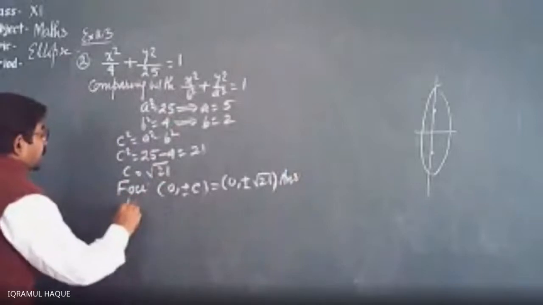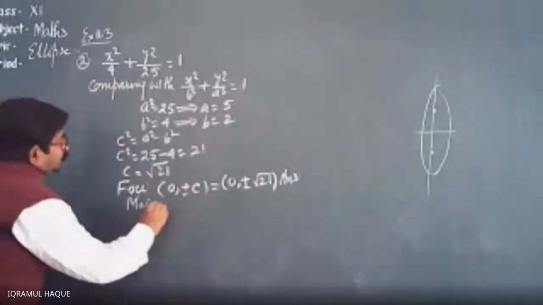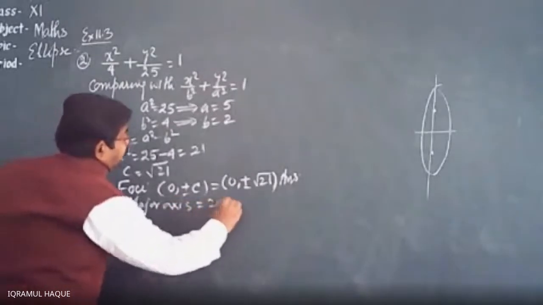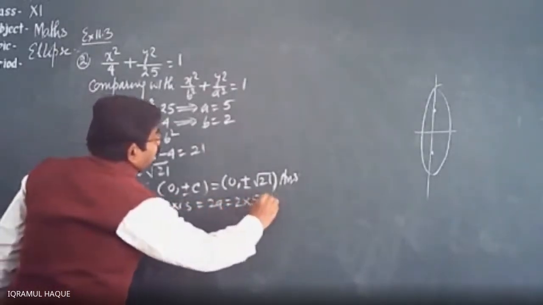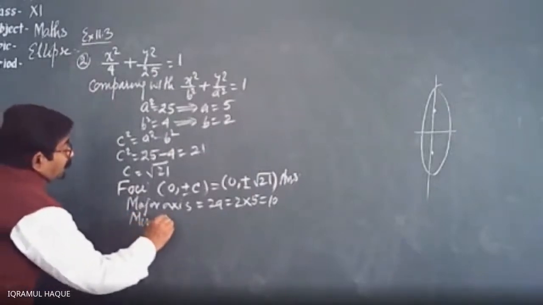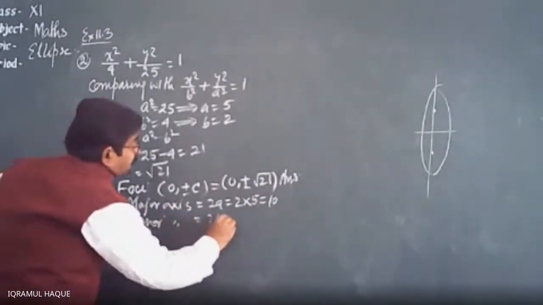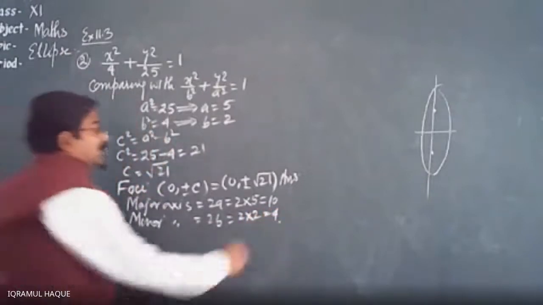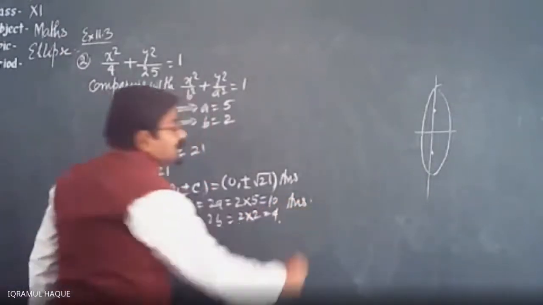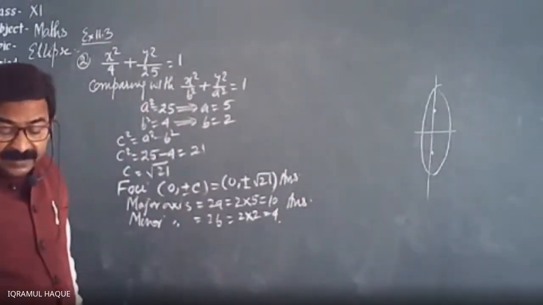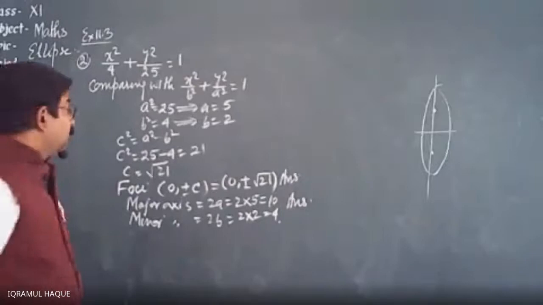Major axis is always 2a. So 2 into 5 is equal to 10. Minor axis is 2b. 2 into 2 is equal to 4. These are the answers. Now, we have to find the length of the latus rectum and the eccentricity.